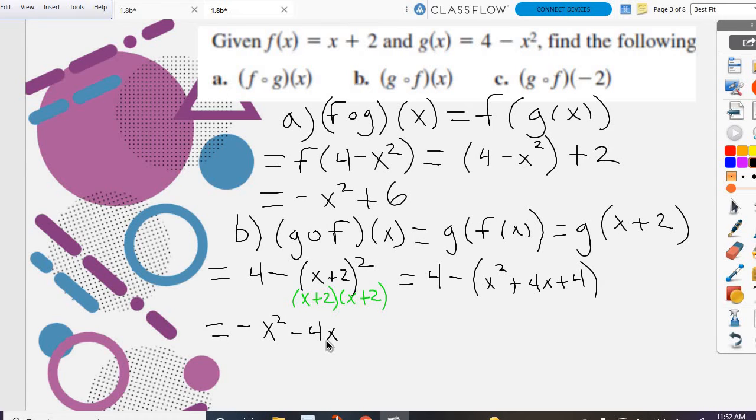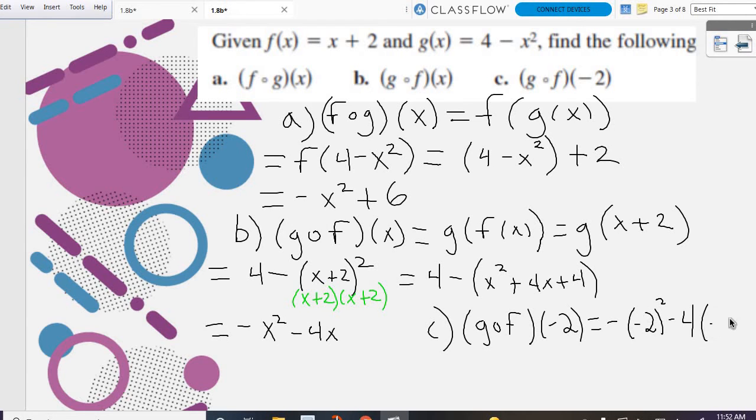So then, for part C, it asks us now to take what we just got for G composite F, and we're going to plug in a negative 2. So we would have negative 2 squared minus 4 times negative 2.